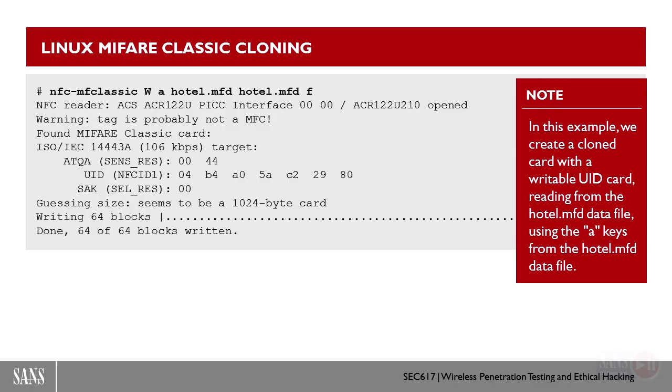We're going to write the data from the same file. We have to specify it 2 times because we could have keys from another file as well. And using our reader, we can write to one of these magic cards and update the UID, making a perfect copy of the card. I've done it successfully.